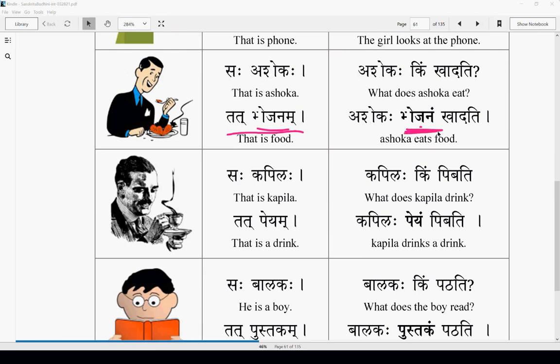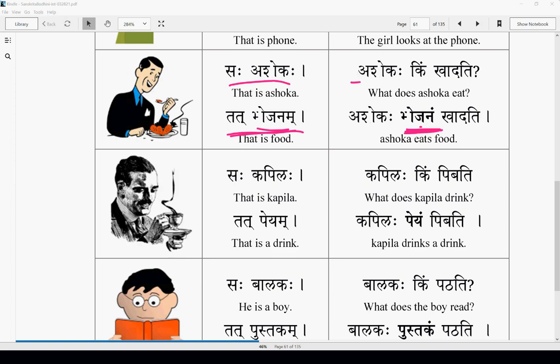So what is the Dvitiya Vibhakti form? It is the same form, no change. Ashokaha bhojanam khadati. Saha Ashokaha tat bhojanam. Ashokaha kim karoti? Ashokaha khadati. The answer to Ashokaha kim karoti is Ashokaha khadati.